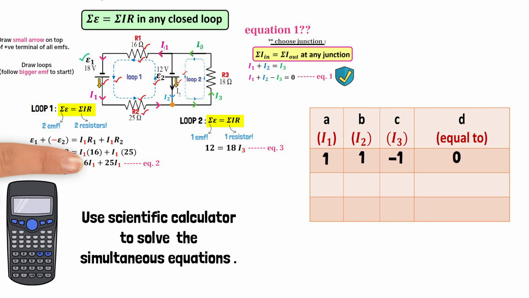Kita cubalah susun equation kedua kita di mana kita lihat dekat sini kita ada 16I1 plus 25I1. Kedua-duanya I1. Jadi bila saya jumlahkan 16I1 plus 25I1, saya akan dapat I1 saya adalah positif 41I1. Dalam equation kedua tak ada pun I2. Jangan risau.